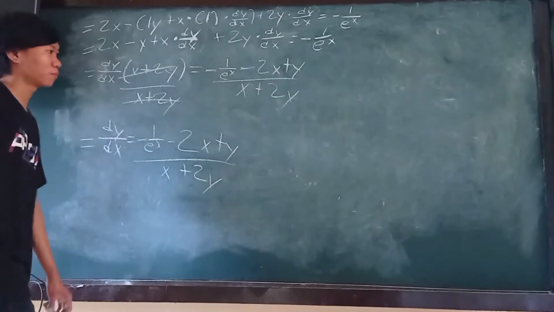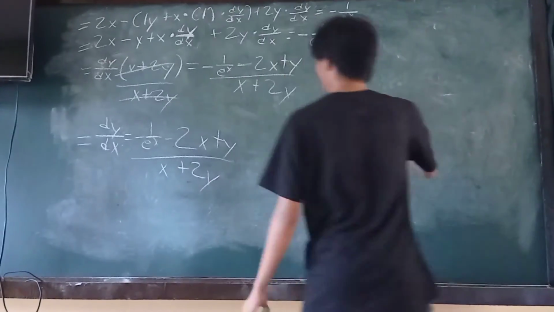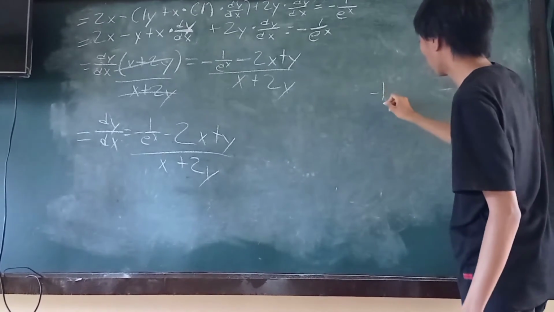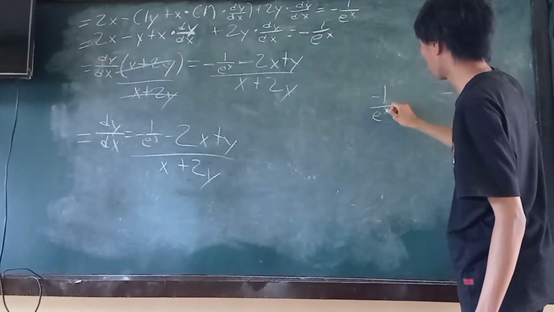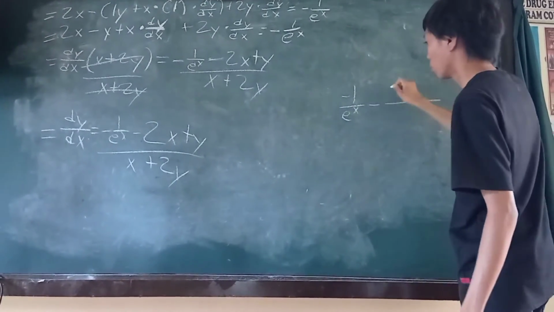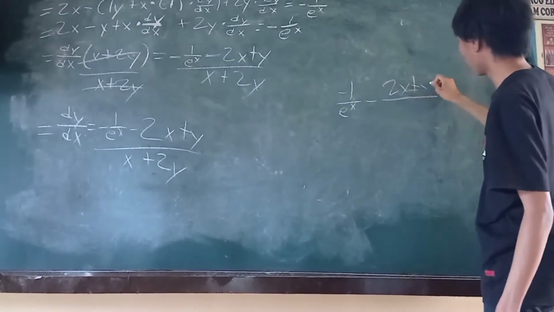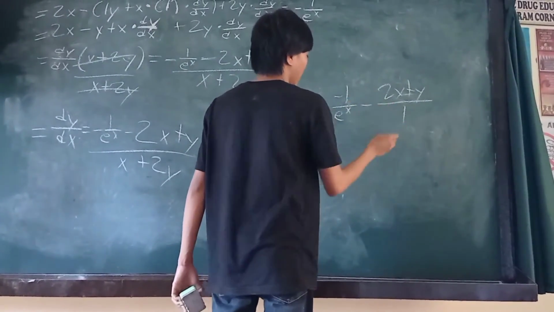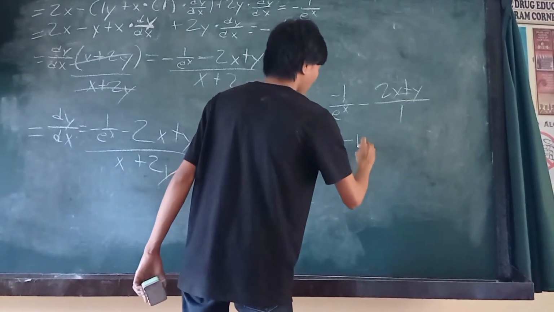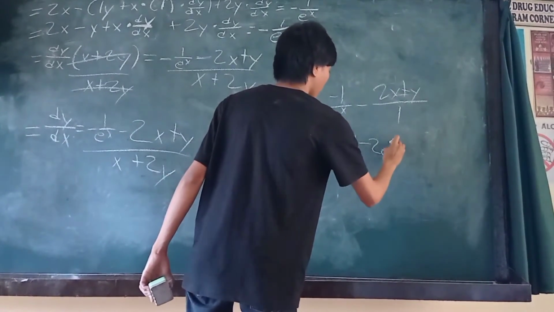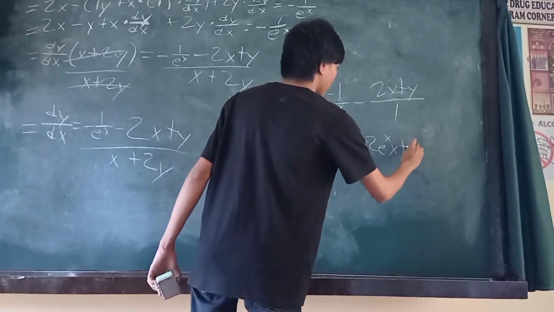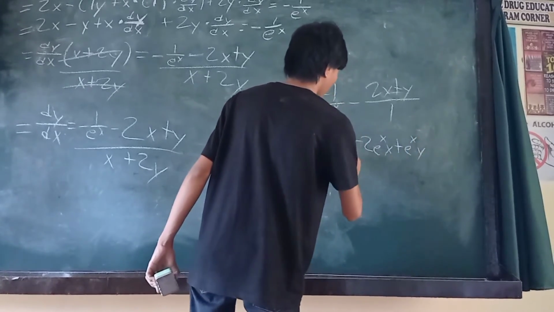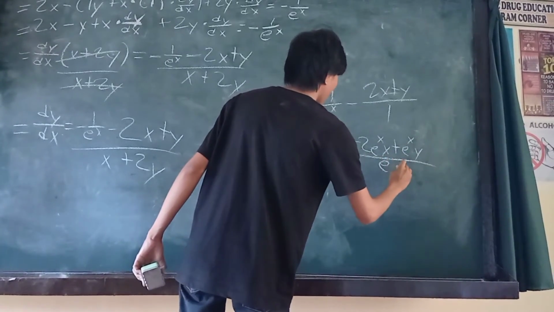The process of subtraction is like this. Negative 1 over e raised to x minus 2x minus y over 1. So cross multiplication. So negative 1 minus 2x e raised to x plus y e raised to x over e raised to x.